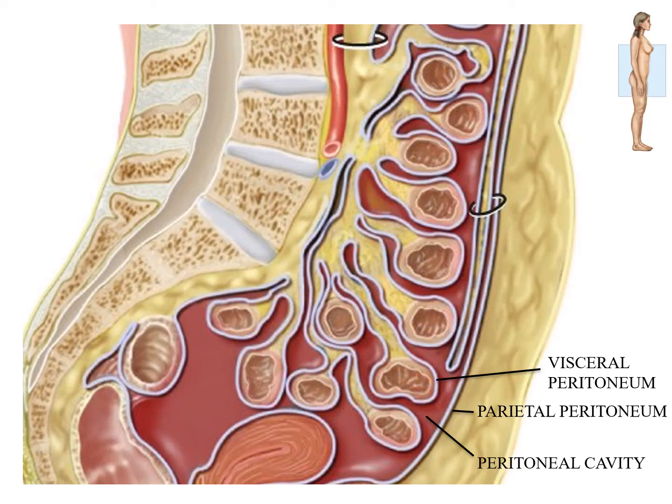So here I've just zoomed in on the same mid-sagittal section that you just saw, so you can see these layers a bit more clearly. Once again, the visceral peritoneum is the serous layer, the outermost layer that surrounds organs and the membranes that support them. The parietal peritoneum is the lining of the cavity. It is the innermost layer of the body wall.